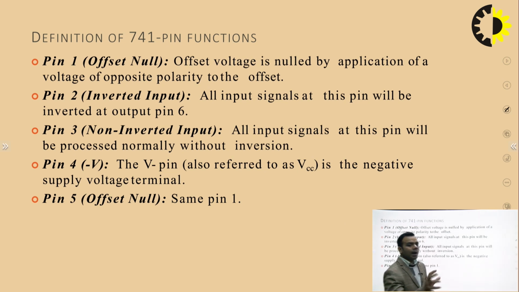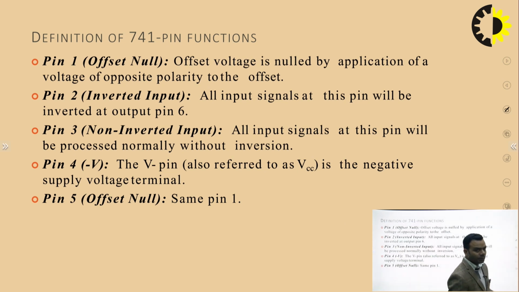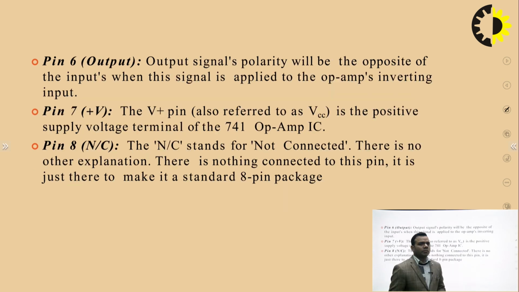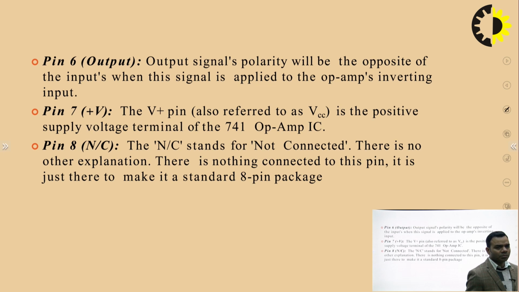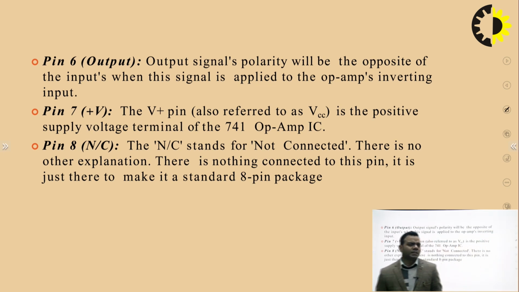We can apply a voltage of negative polarity at this terminal to get output equal to 0 if we are not applying any input. The rest of the pins are simple, so I am not going to discuss them further because I have already discussed this and it is quite simple.